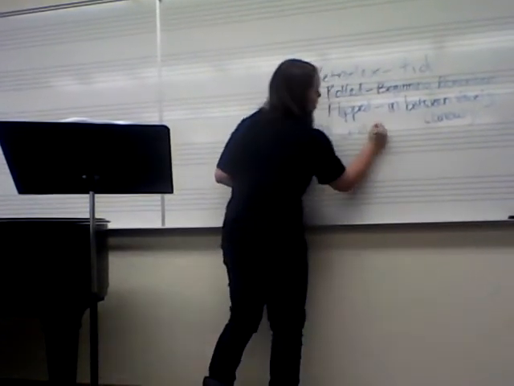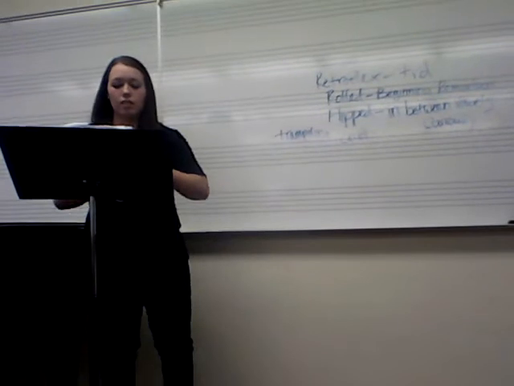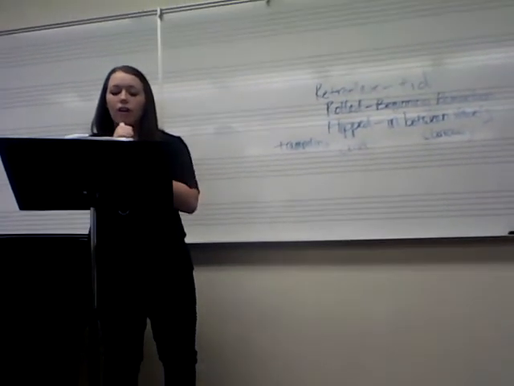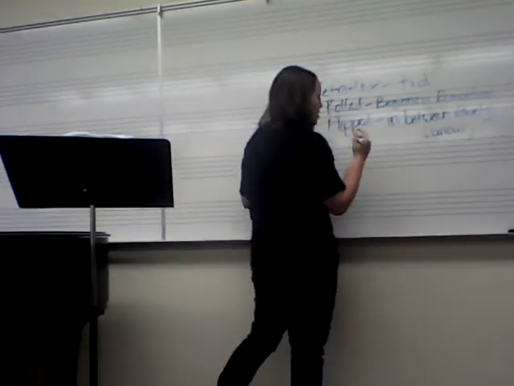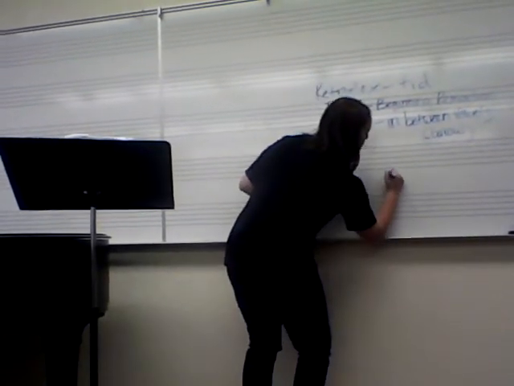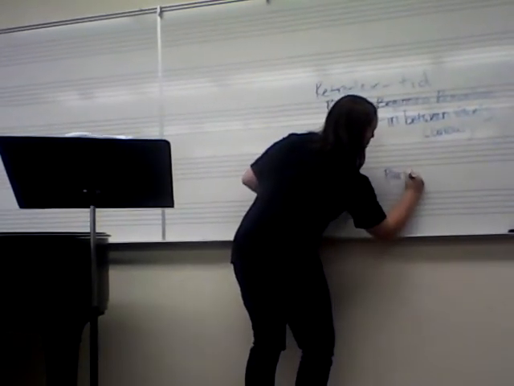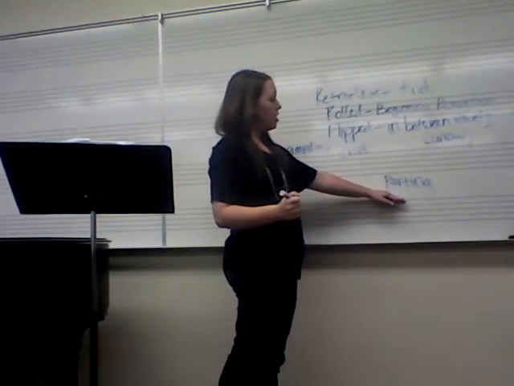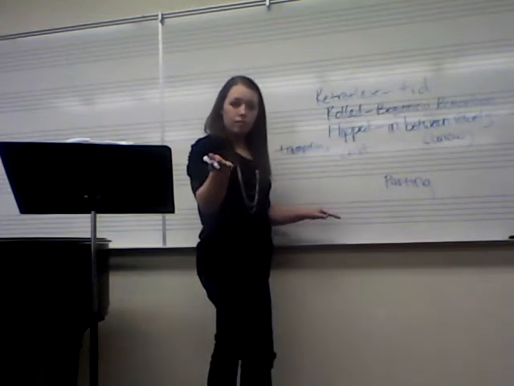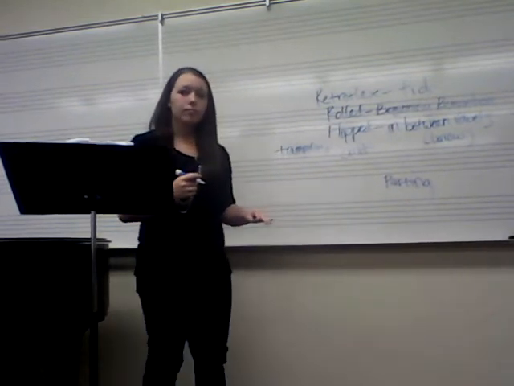Now, how do we know when to do this? Well, we can omit the R when it is before another consonant. For example, in the word parting, we would sing parting.